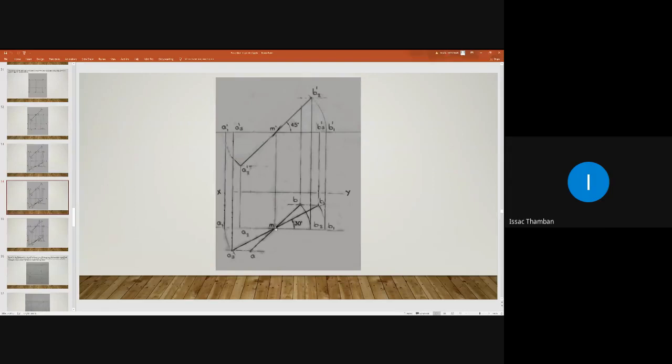Similarly, you can keep the same radius in your compass, and that will be equal to MB2.